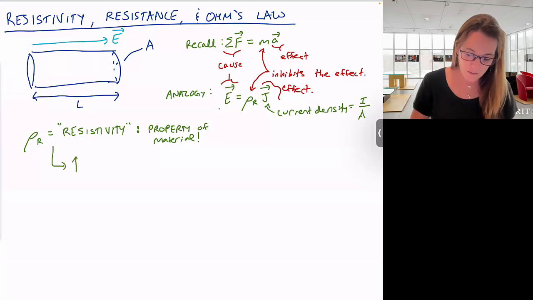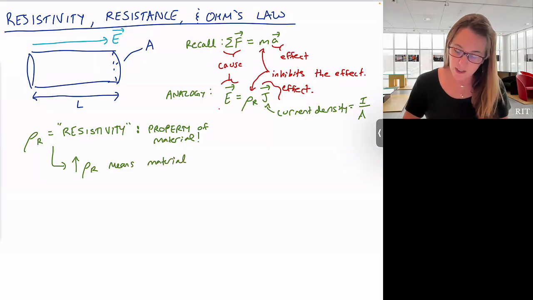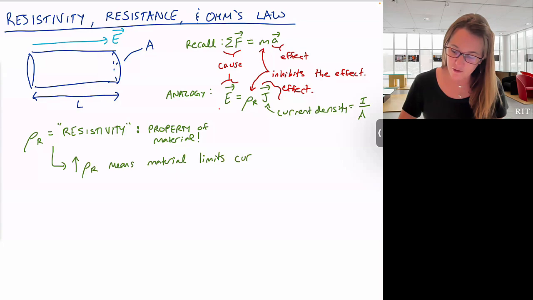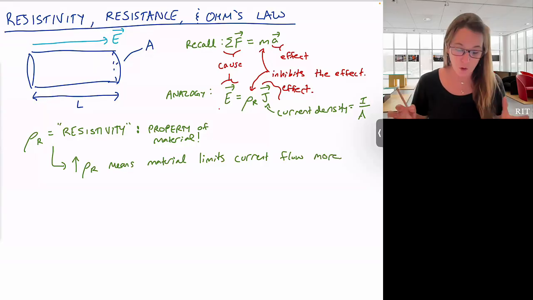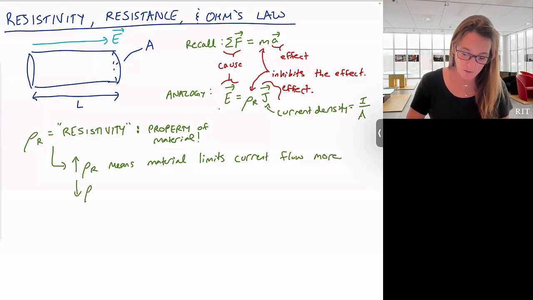So a higher resistivity means the material inhibits or limits the current flow more. And a lower resistivity means that it's a good conductor. The lower the resistivity, the better the so-called conductor.